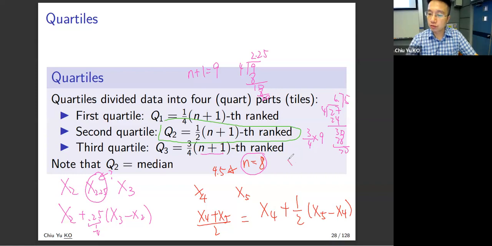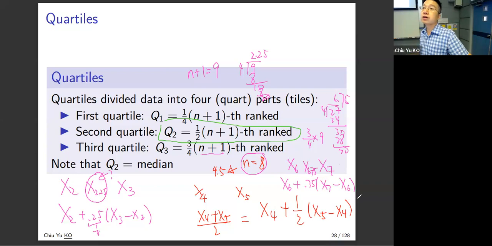So we have x6 and x7, but we want x at 6.75, so we'll do x6 plus 0.75 times x7 minus x6. You start from x6 and go some three-quarter distance. In math, this is called linear interpolation.